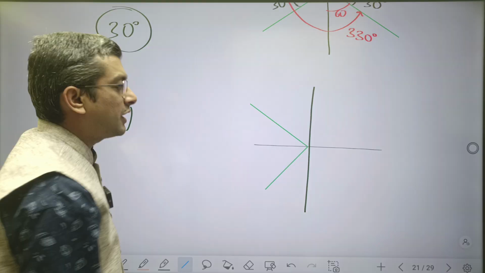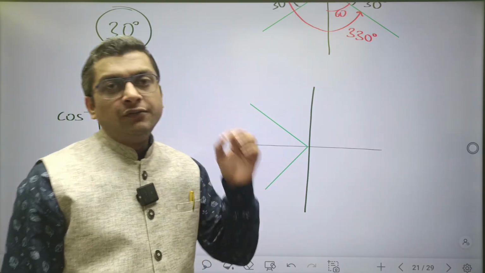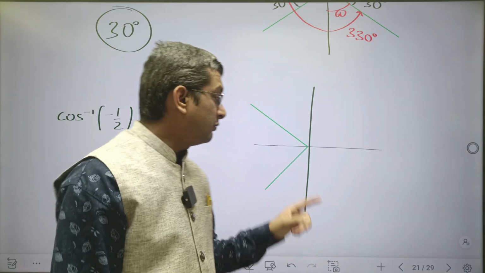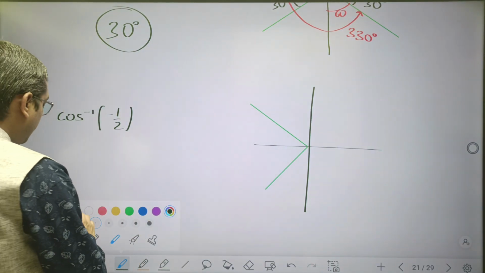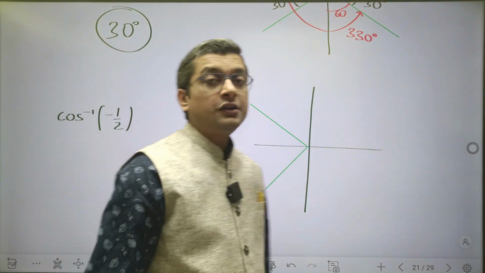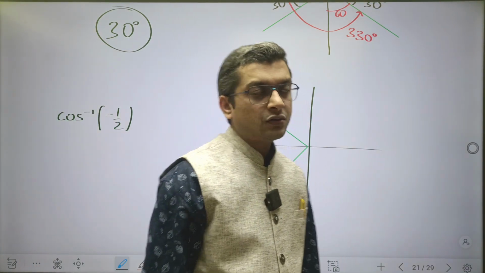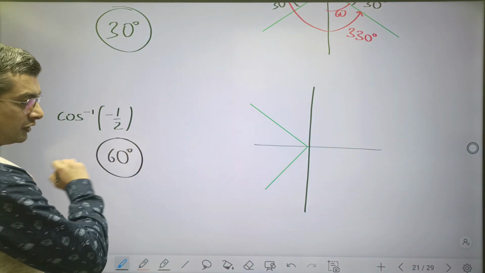Since the two lines are in the second and third quadrants, the angle we take in the second step will be from the negative x-axis only, isn't it? Now out of the standard values, cos theta is 1 by 2 for 60 degrees. Cos 60 is 1 by 2. So the angle is 60 degrees.